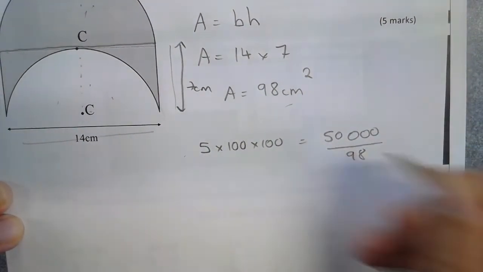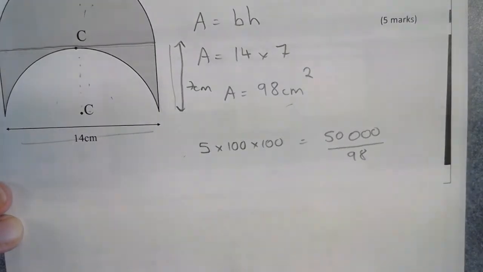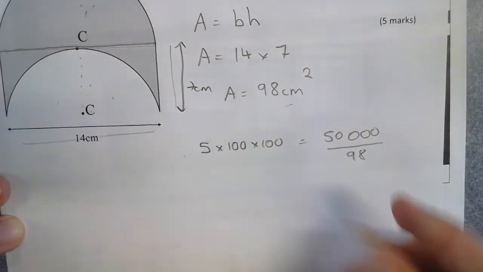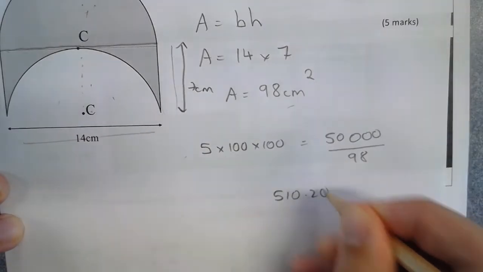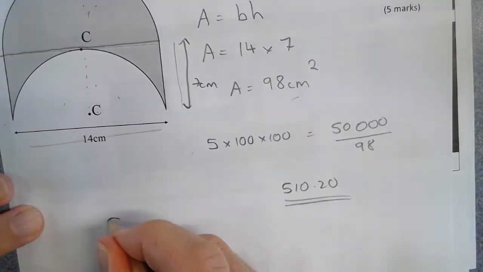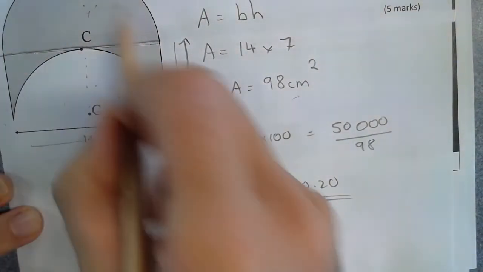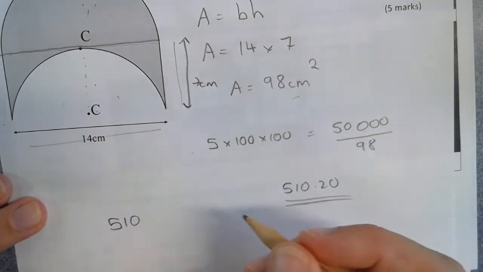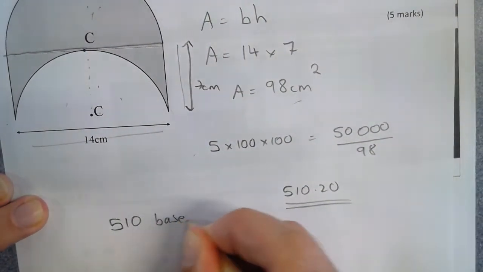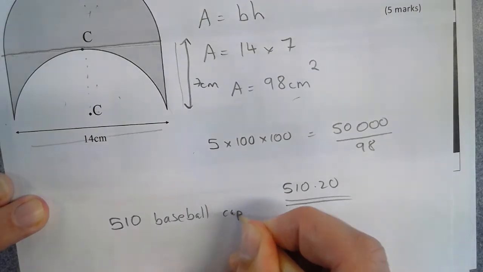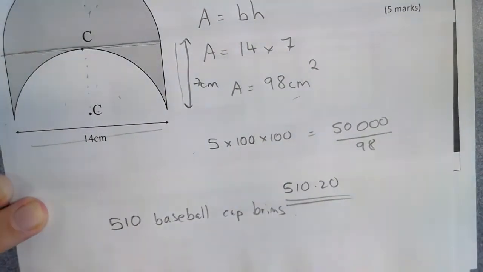We divide it by 98 to see how many he could make, and you actually get 510.20. So he can make 510 whole brims. So 510 baseball cap brims is how many he can make with the material provided.